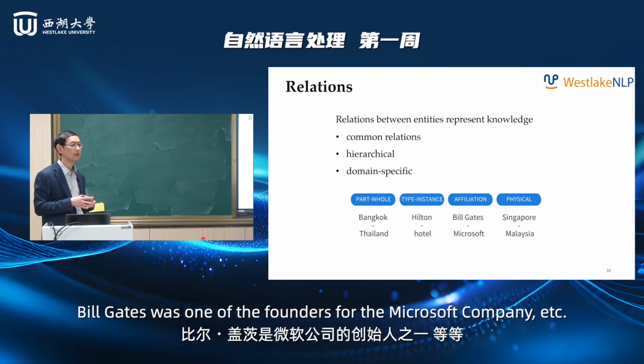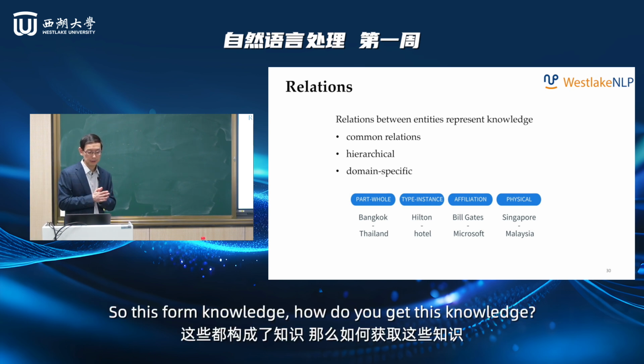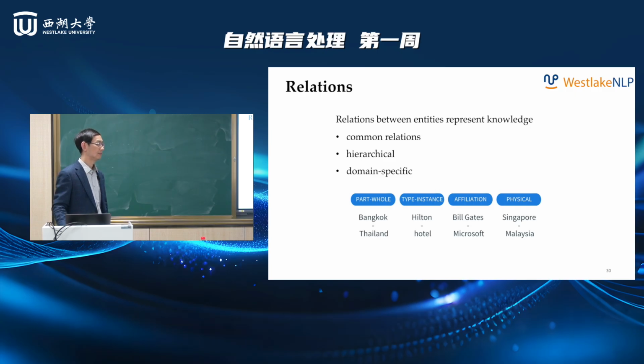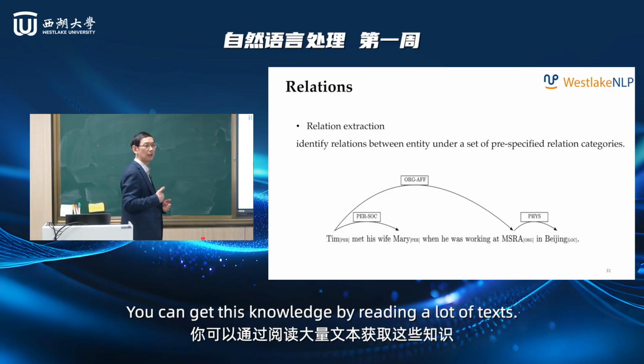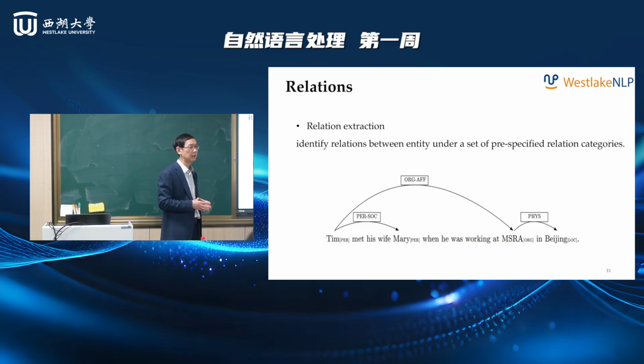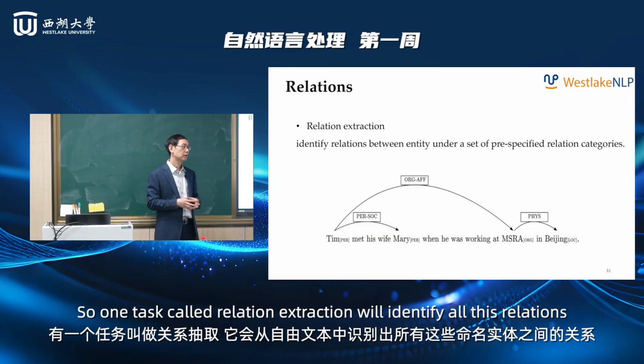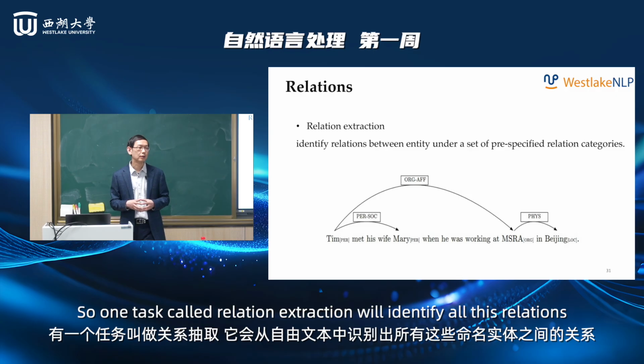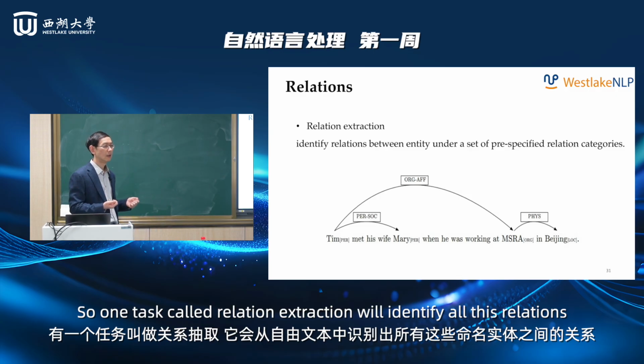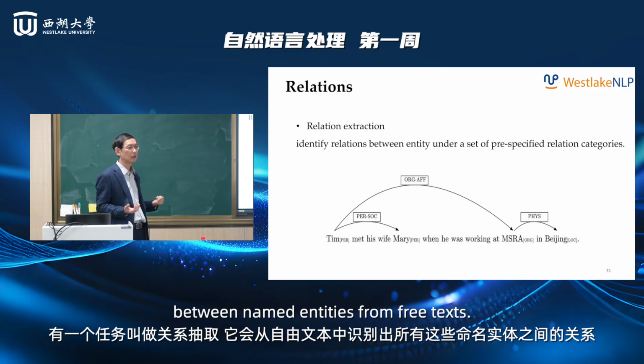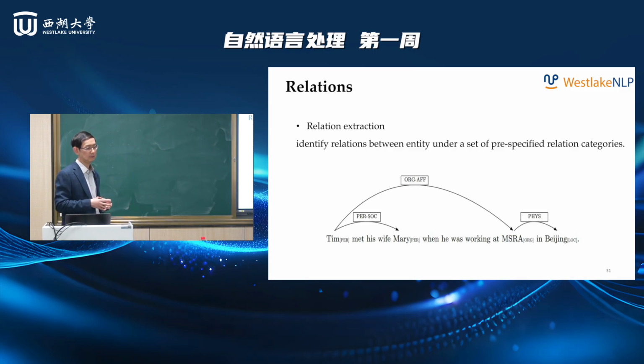Bill Gates was one of the founders of the Microsoft company, etc. So this forms knowledge. How do you get this knowledge? You can get it by reading a lot of text. One task called relation extraction will identify all these relations between named entities from free text.